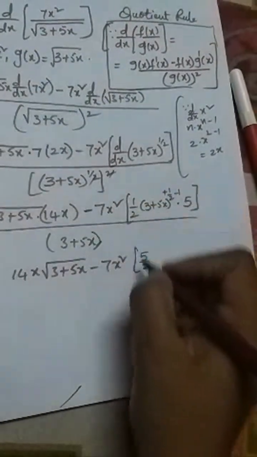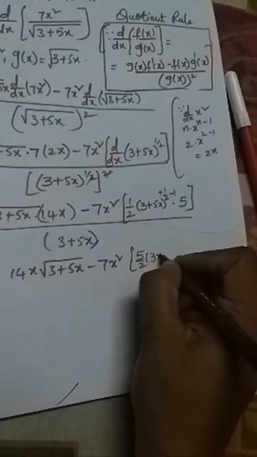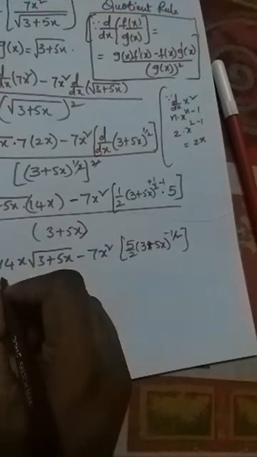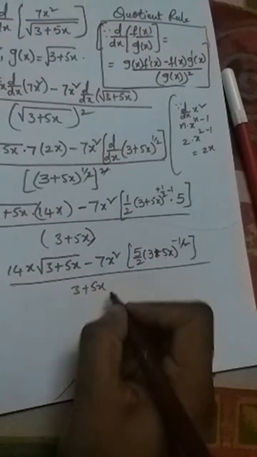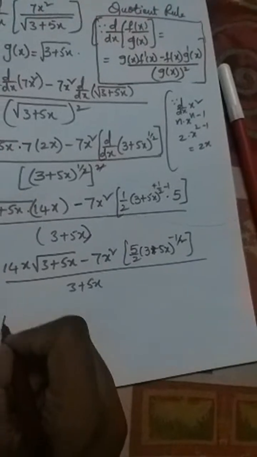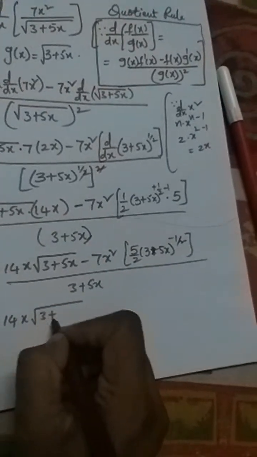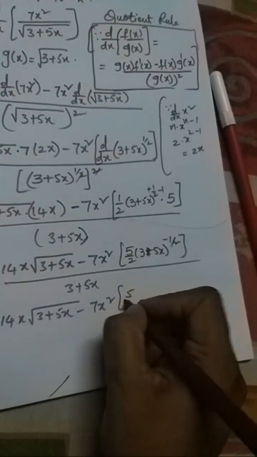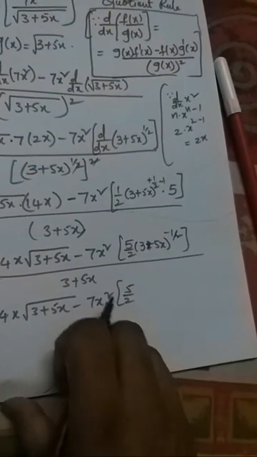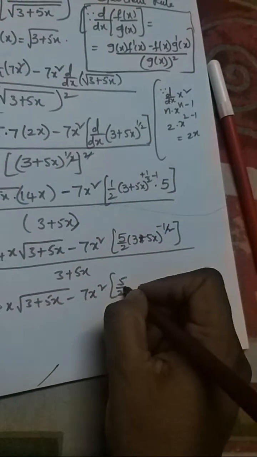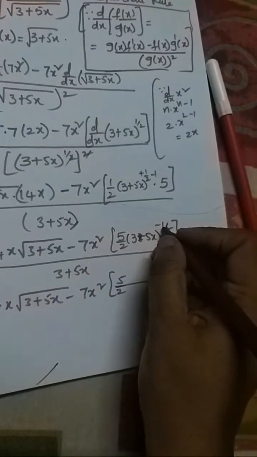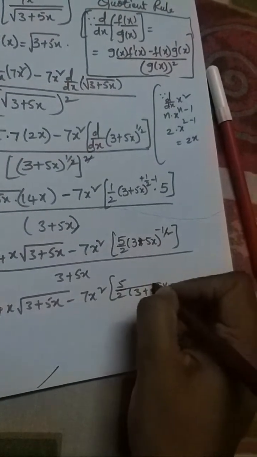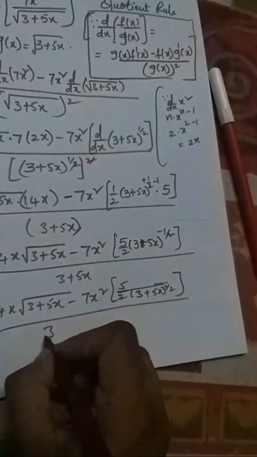And 5 is here, 5 by 2 into 3 plus 5x whole power minus 1 by 2, by 3 plus 5x. Now comparing this, 14x into 3 plus 5x minus 7x square, we get 5 by 2. This moves downwards because of the negative power, 3 plus 5x whole power 1 by 2, by 3 plus 5x.